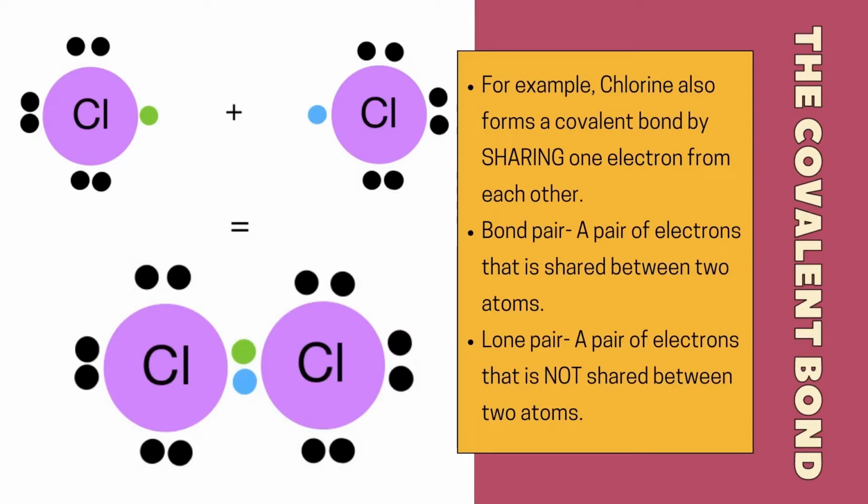However, this green dot and the other blue dot on the other Cl are what we call the bond pairs. Hence, a bond pair is a pair of electrons that is shared between two atoms, and a lone pair is a pair of electrons that is not shared between two atoms.